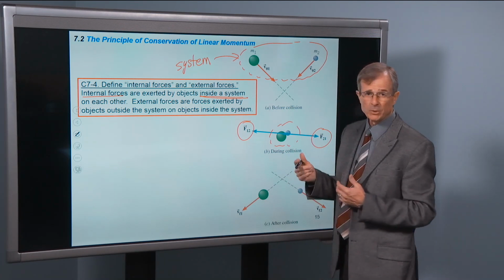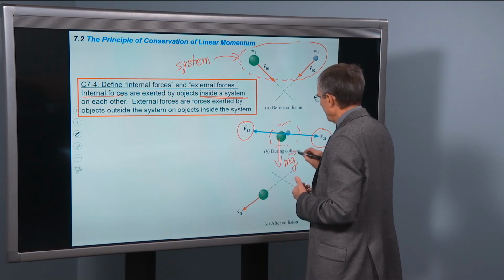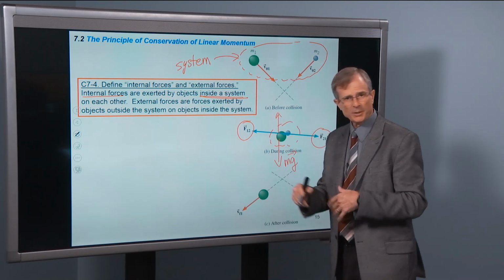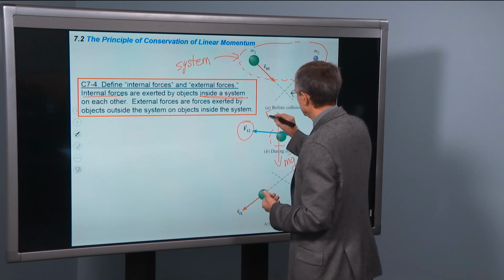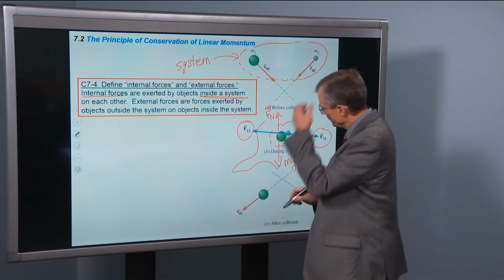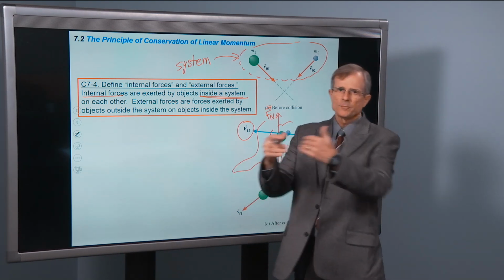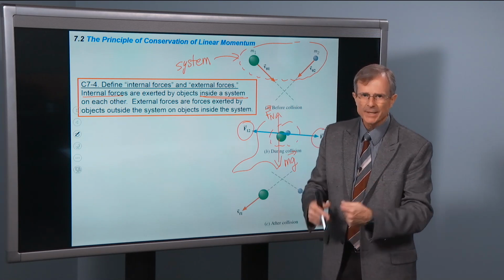But there might also be gravity acting on both of them, or a normal force, if these are two billiard balls on a table. So these forces that act from outside of the system on objects inside the system are called external forces.